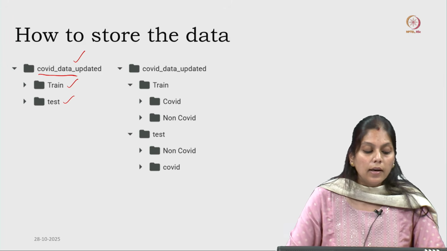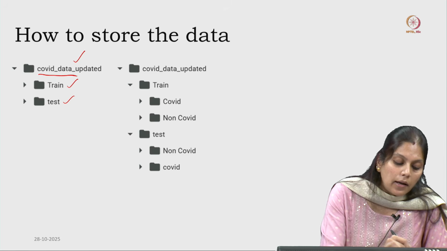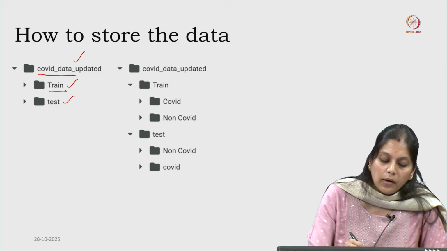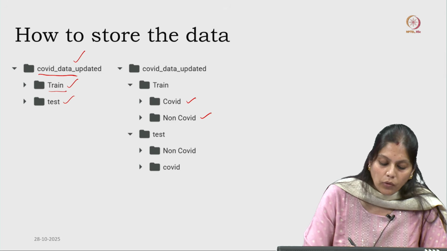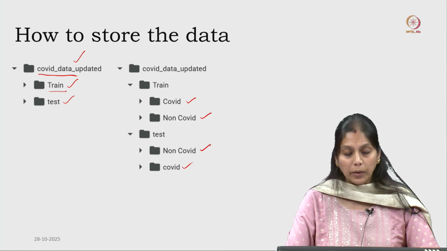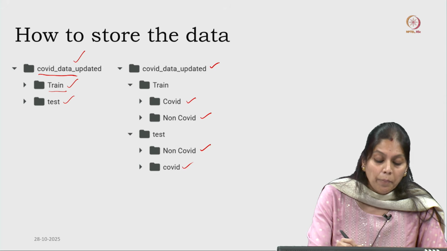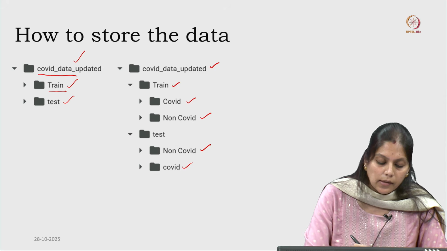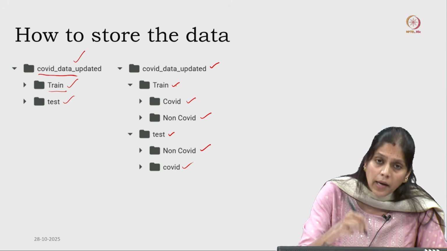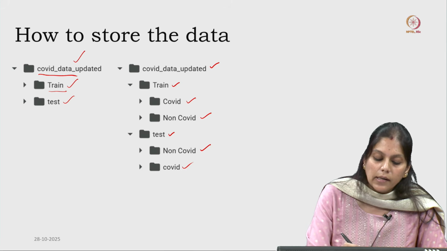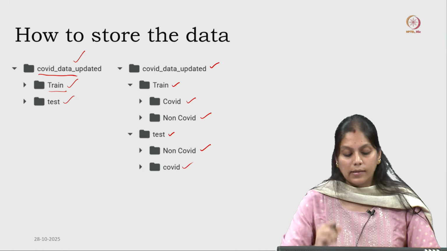And if it is a binary classification, under training you will have COVID and non-COVID. In a similar way for test you will have COVID and non-COVID. So we have created a folder, under that we have subfolders, and under each of these subfolders we again have subfolders. What are these subfolders? They are where you are storing the class labels.